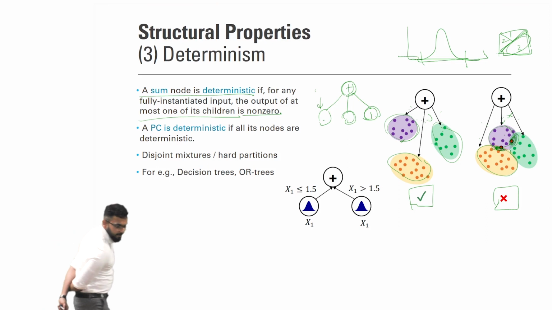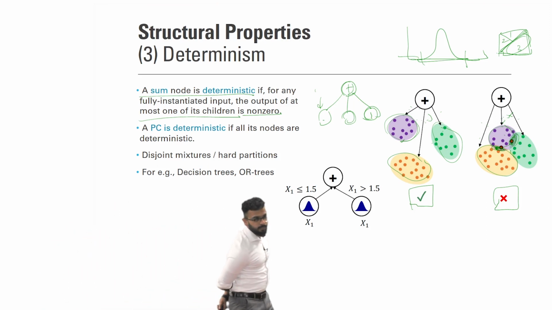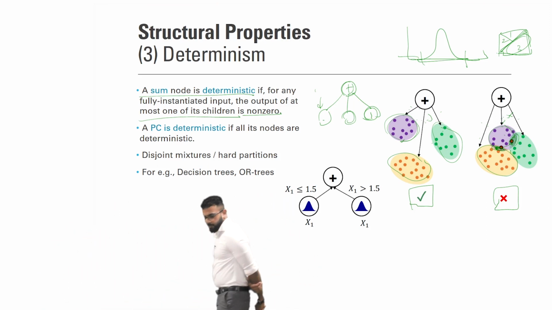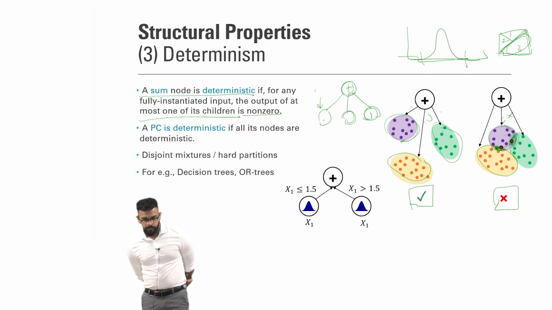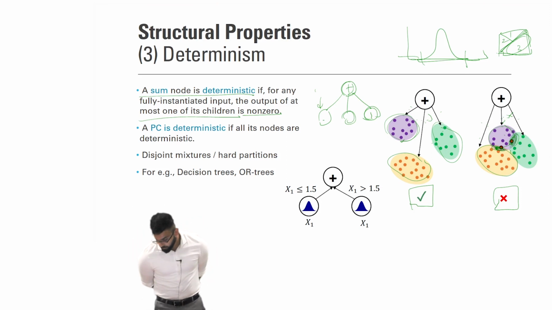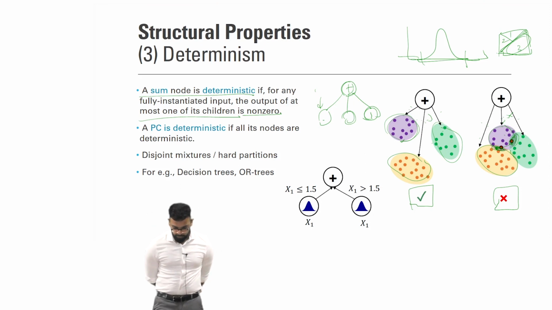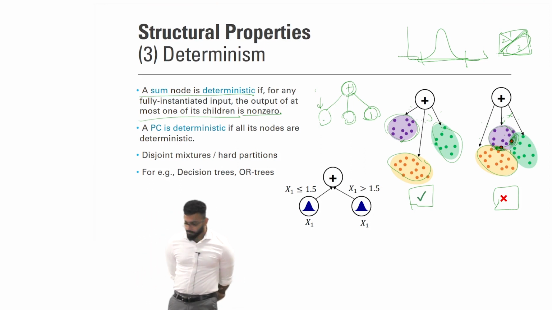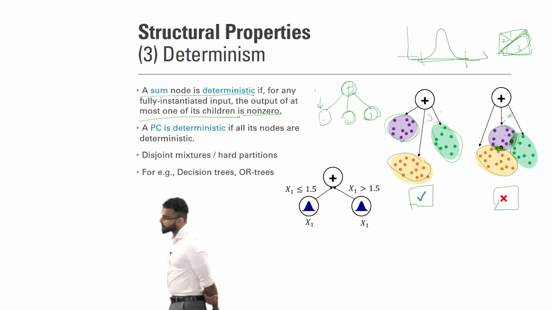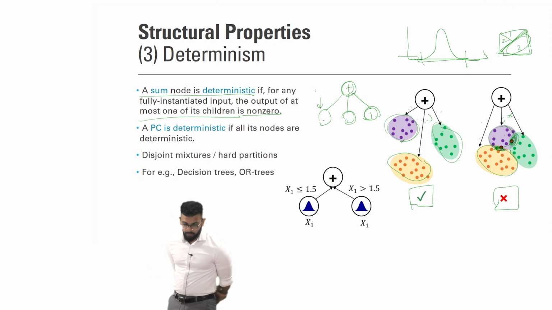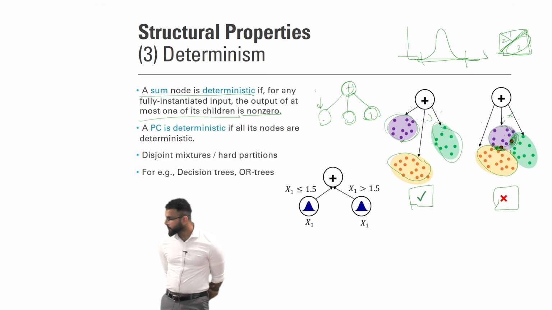So that is an example of a deterministic mixture. A decision tree is a deterministic mixture. For any point, you are guaranteed that you are only in one path. Every other path is false for that data point. The same property extended to a sum node is the deterministic property. It's a single path semantics.